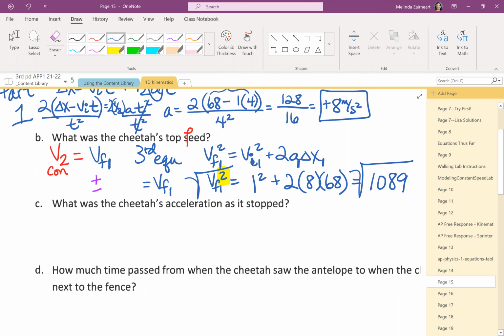And as someone clicks that in and gets our answer, let's talk about the plus or minus. The calculator is going to spit out a positive. Now today, our cheetah is only moving in the positive direction. It should come out a positive answer. But later today, next class, we're going to be throwing things up. They come down. There is a direction consideration.